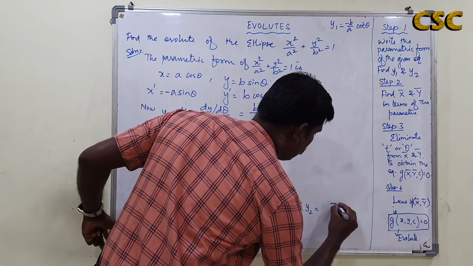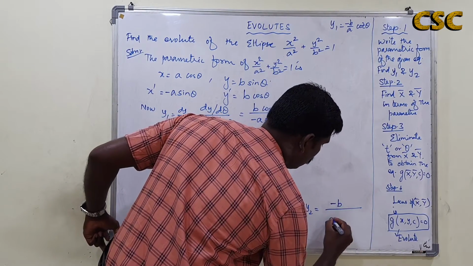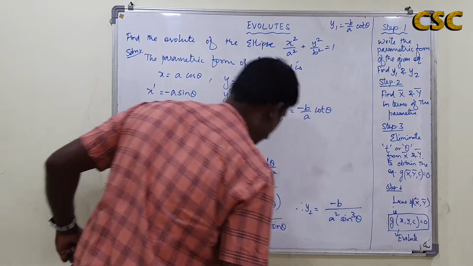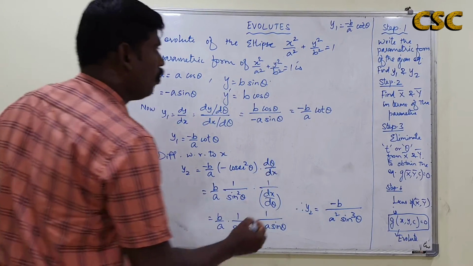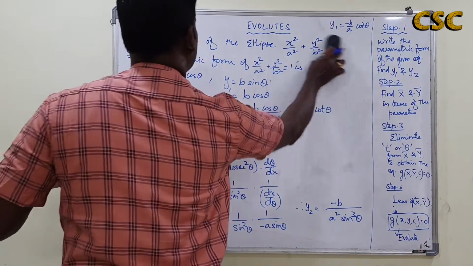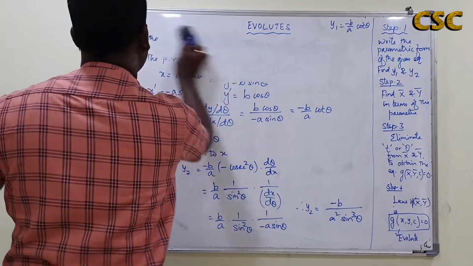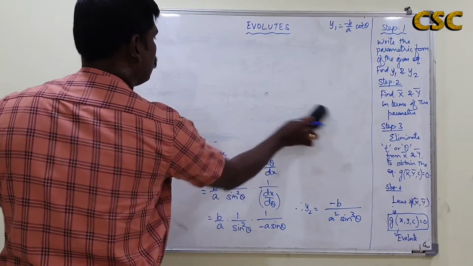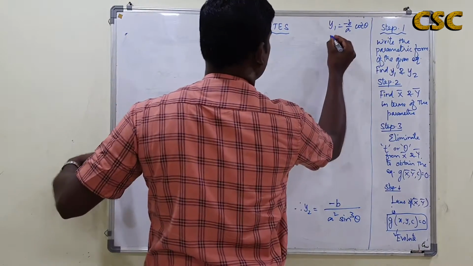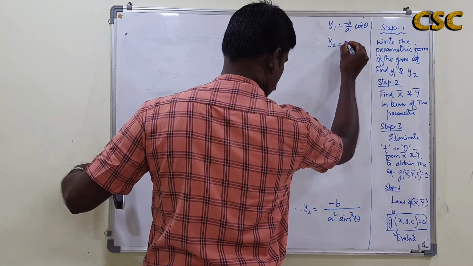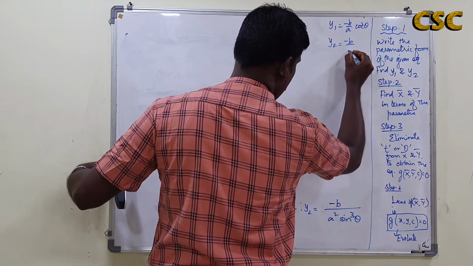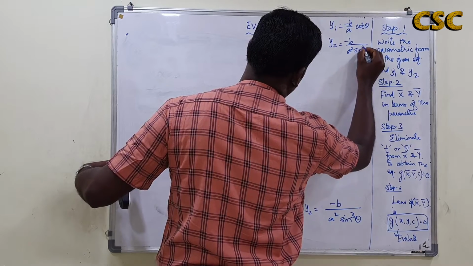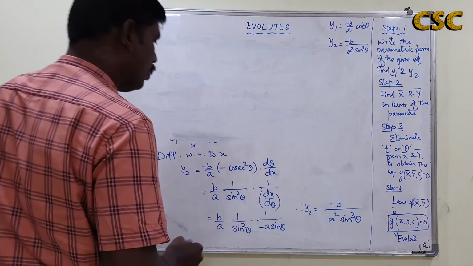This is the value of y2, right? I write it here, y2 equals minus b by a square sin cube theta.